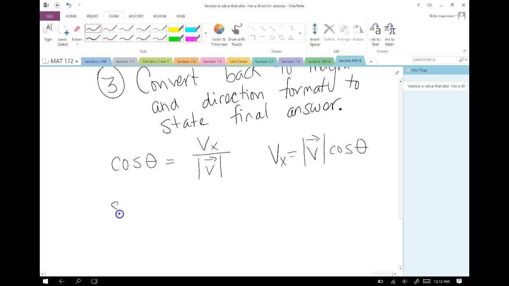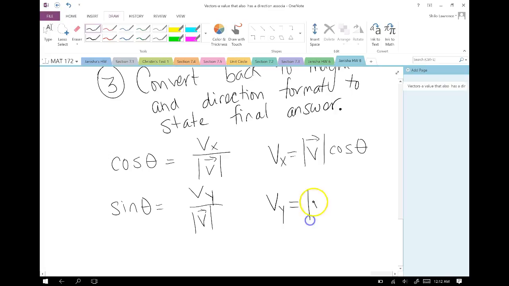And then that exact same triangle, sine is your opposite side, which is the y component, over your hypotenuse, which is magnitude. And we're using this formula to try to figure out the y component. So if I solve that equation for v sub y, I'm going to want to multiply magnitude over.